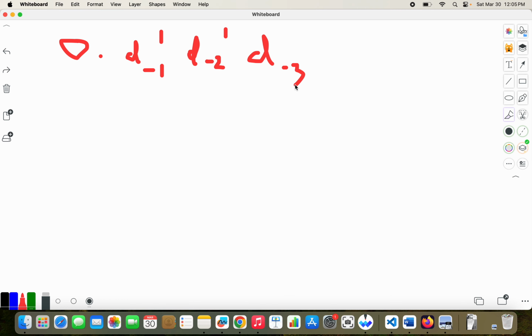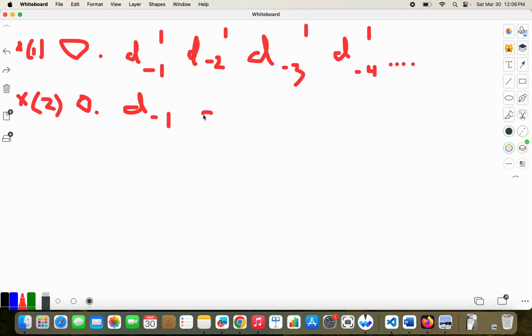Oh, this is going to be painful. Please wait. So, of course, this is x of 2. Second number, d negative 1. I'm just going to do the d. I'll put the top part.